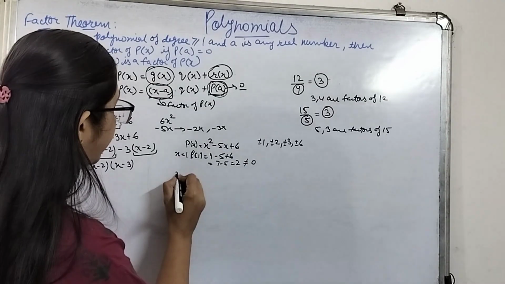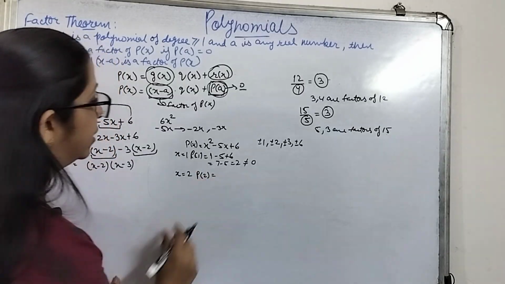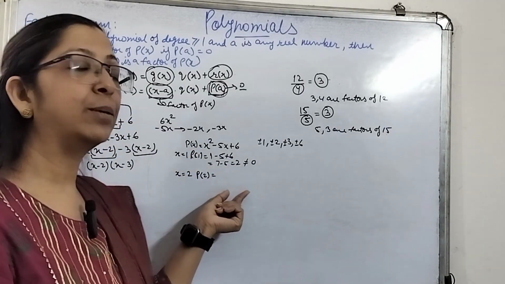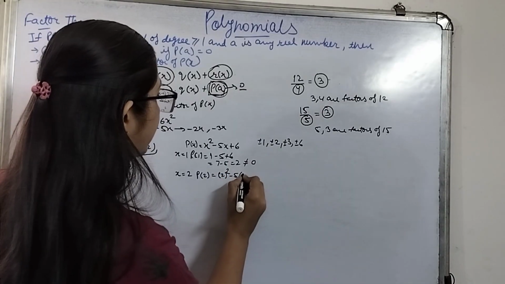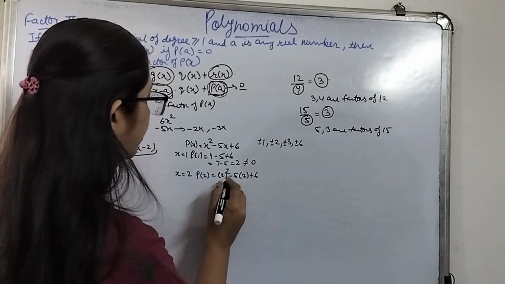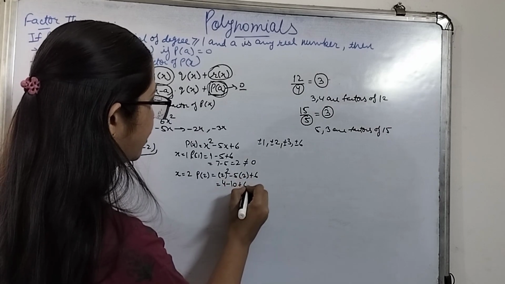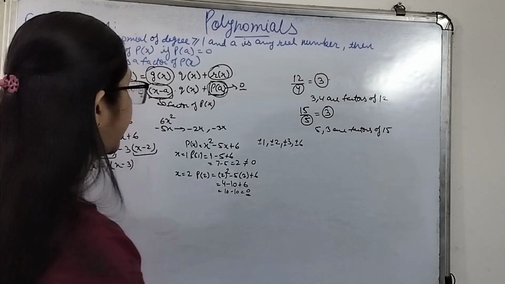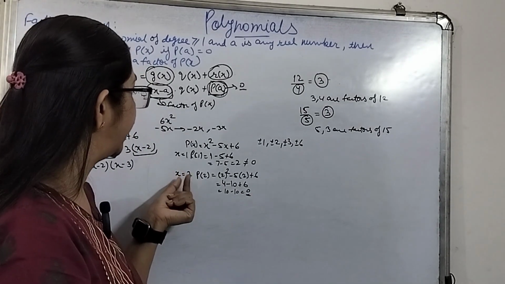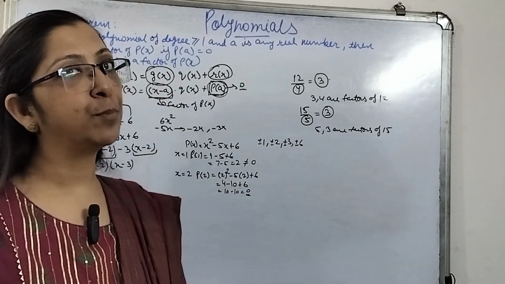Now, if I take x equivalent to 2, then the value of p(2) will be, wherever x is coming, I replace it by 2. So 2 square minus 5 into 2 plus 6. 2 twos are 4, minus 5 into 2 will be 10, plus 6. 6 plus 4 is 10, minus 10, that is 0. That means if we replace x by 2, then it will be a zero of this polynomial.